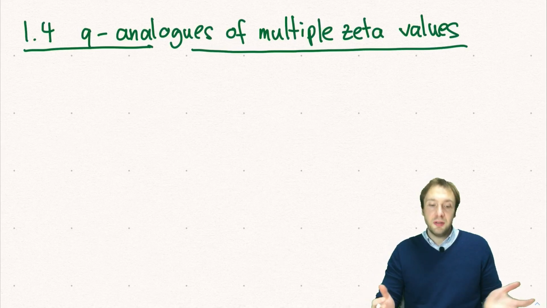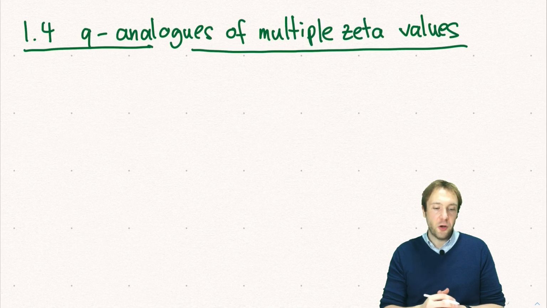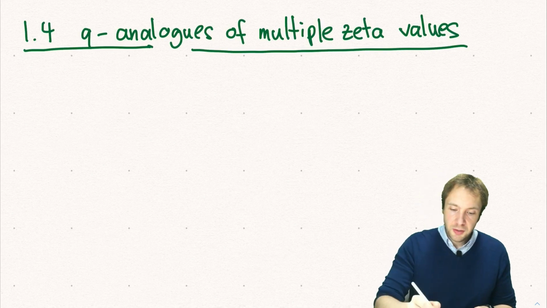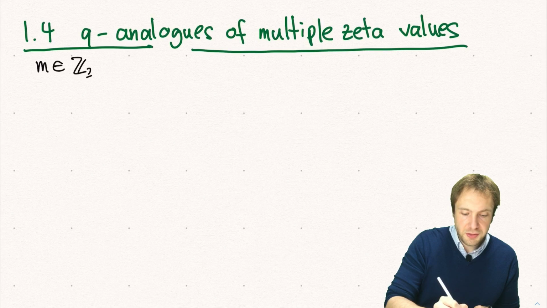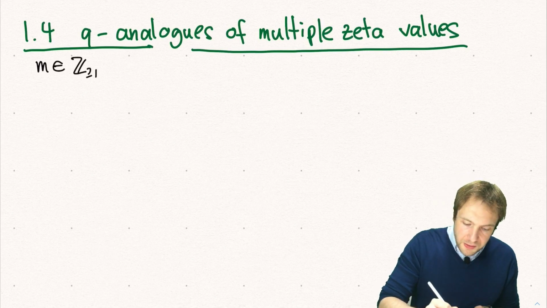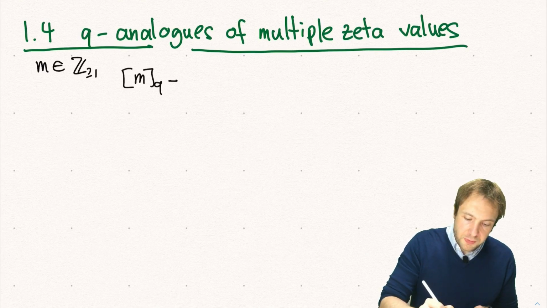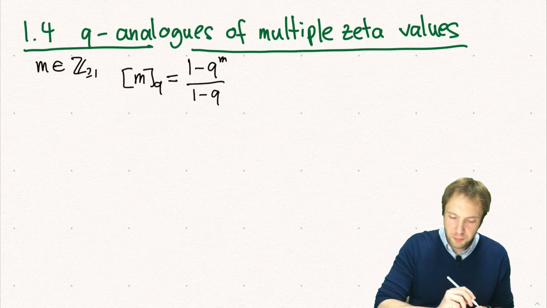So what is a q-analog? In general, a q-analog of some object is always an object depending on some variable q, and sending q to 1 gives back the original object. So one example is, if we have a positive integer m, then the q-integer, which is usually denoted by [m]_q, is given by this fraction here, (1 - q^m) divided by (1 - q).